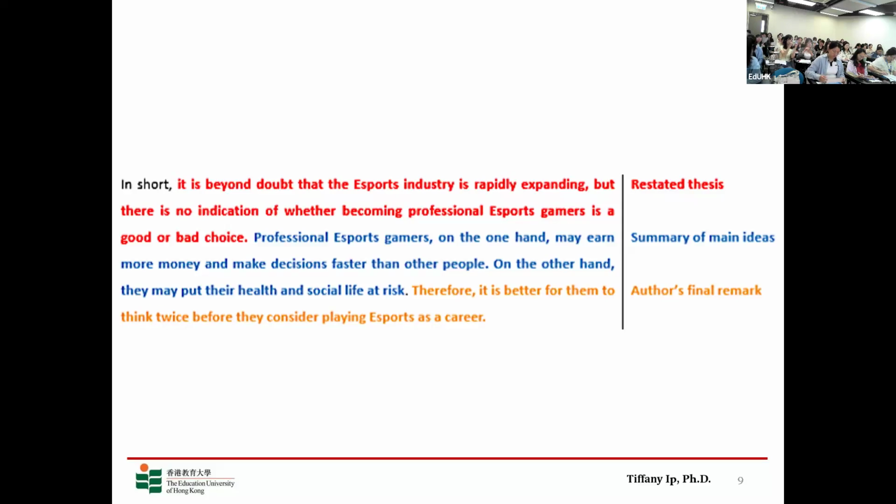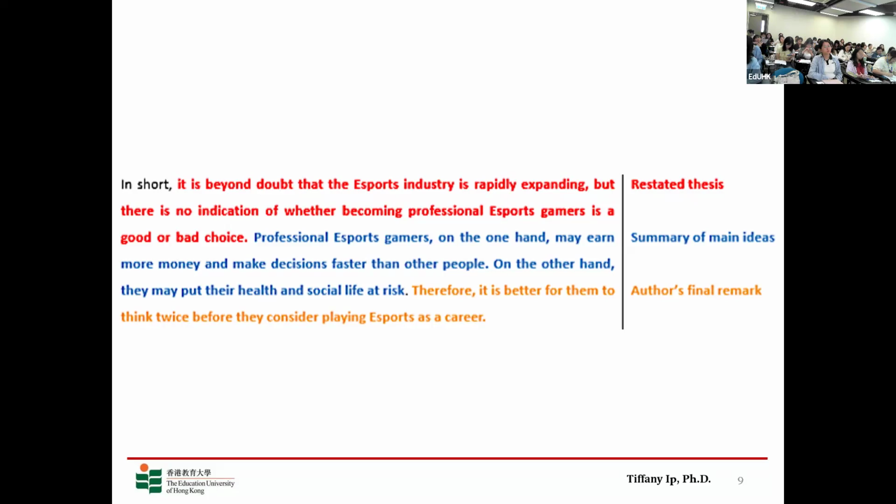I won't use the word good or bad. I would say maybe it's appropriate or not. So this is the restated thesis, responding to, still remember the introduction, saying the question remains. So that is to wrap up the author's viewpoint.